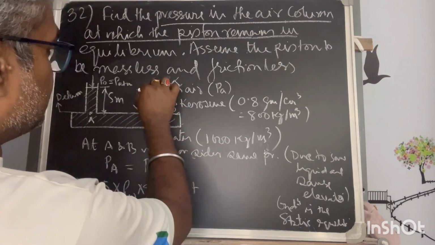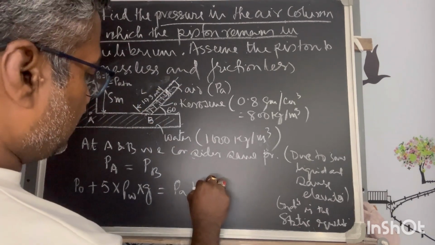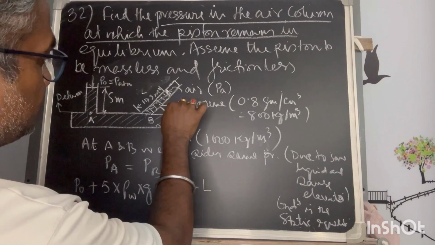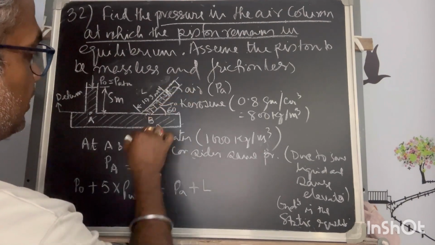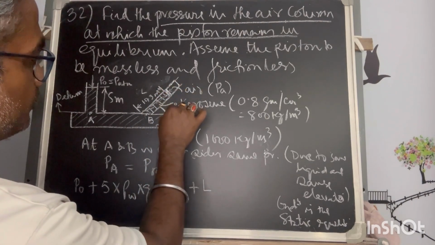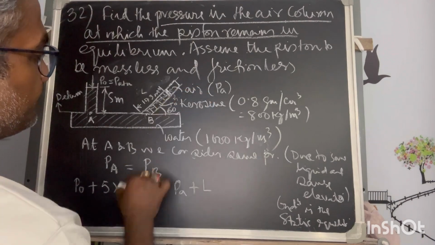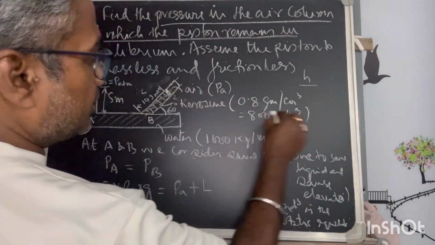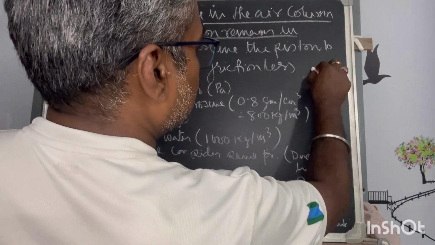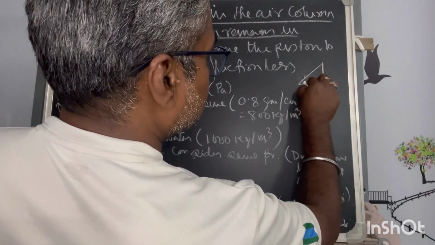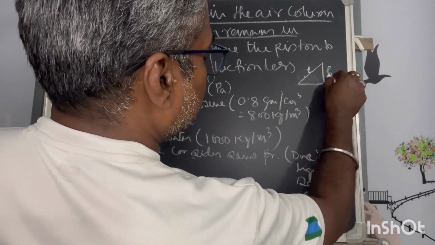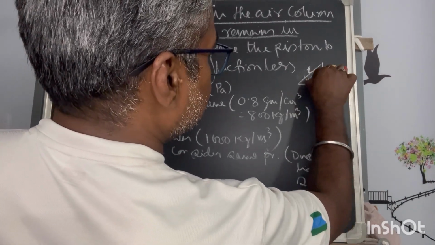This length, if I say this is L, and I see it as an imaginary triangle, this will be the vertical height. If I say this is H, this is a right angle triangle. Let me draw the triangle. This is L, this is H, this is the base. This is 60 degrees, as you know.